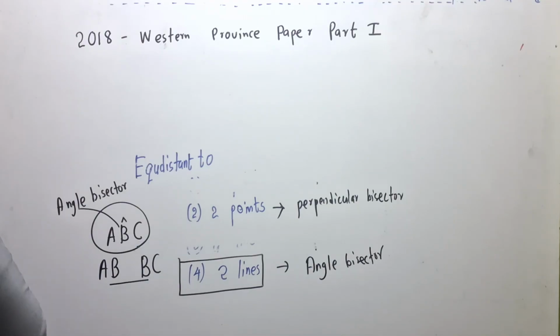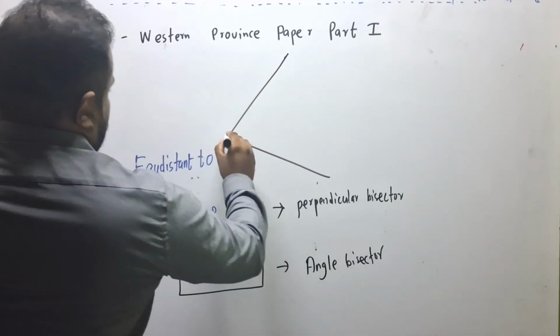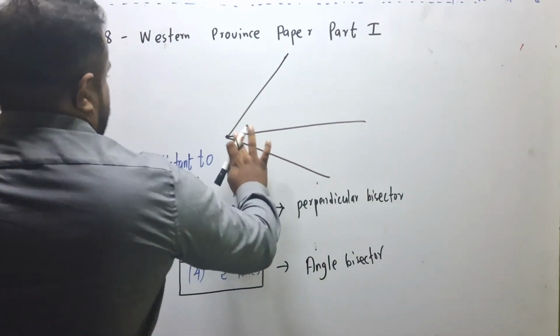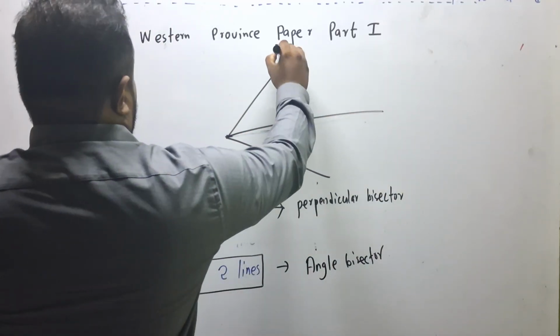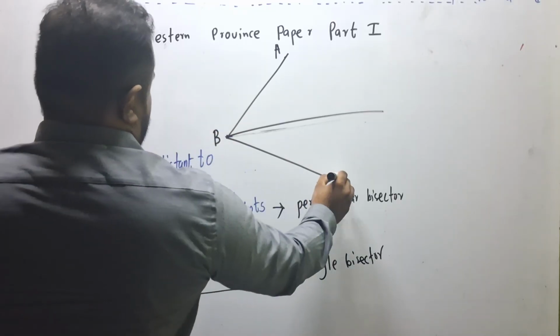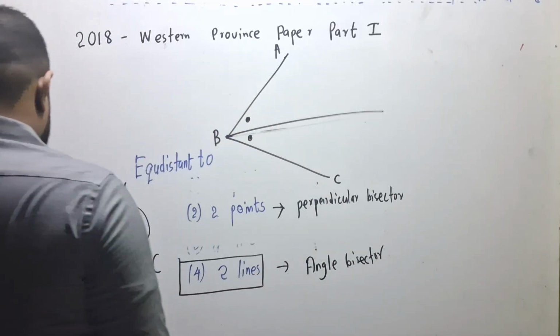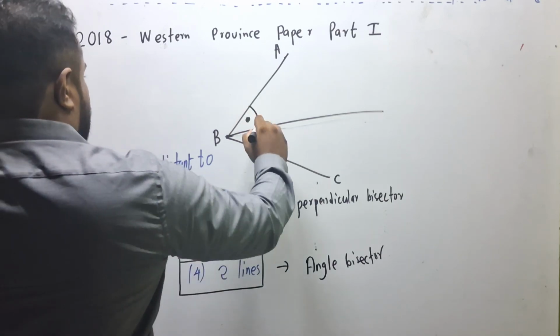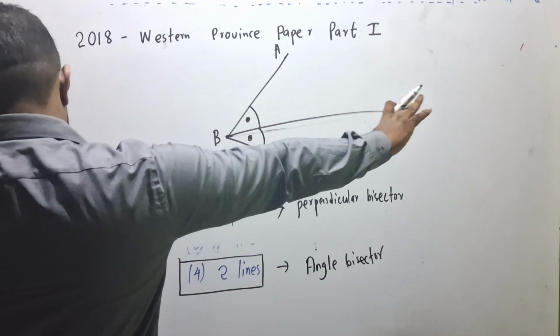Then I will draw the given question, ABC, and they have put a dot here and a dot here. They have put a dot, meaning they are equal. That means this is the angle bisector.